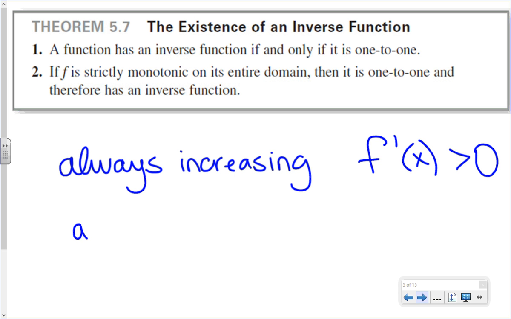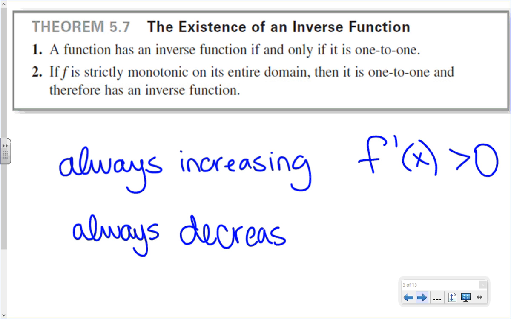If our function was always decreasing, how would we know that? How would we know if our function was always decreasing? Okay, so what would the derivative look like? Negative. The derivative would always be negative.